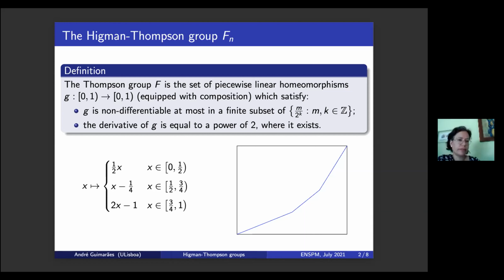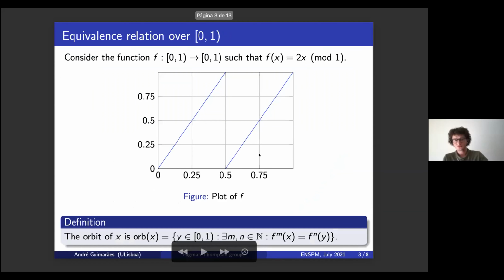But it's going to be useful for us to define an auxiliary equivalence relation over the unit interval itself. So we're going to consider this function f of x equals 2x modulo 1, where modulo 1 means you're taking the fractional part of the number.